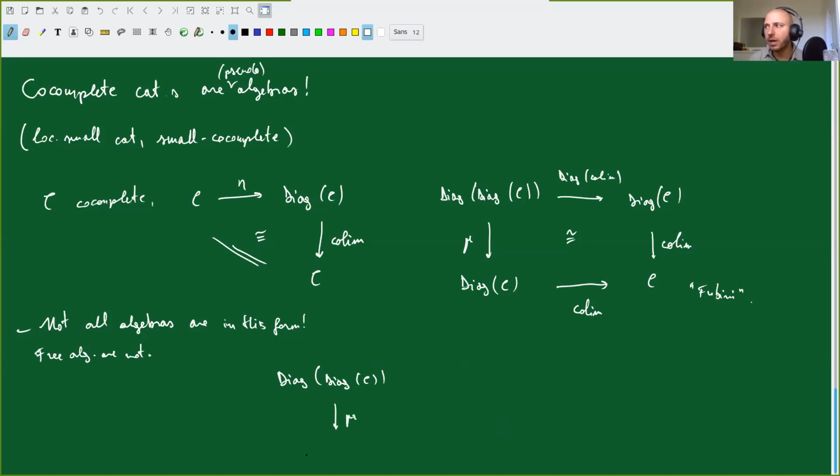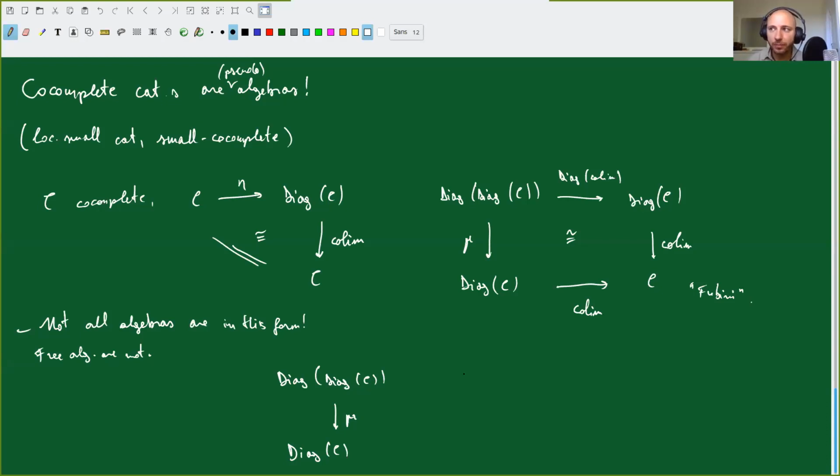So for pseudo algebra and pseudo monad, the same business of freeness is the same. So the free algebra on X is going to be a pseudo algebra. The structure map is given by mu, exactly like for one monads. And the problem is that mu is not quite the colimit of this diagram of diagrams, but it's the lax colimit.